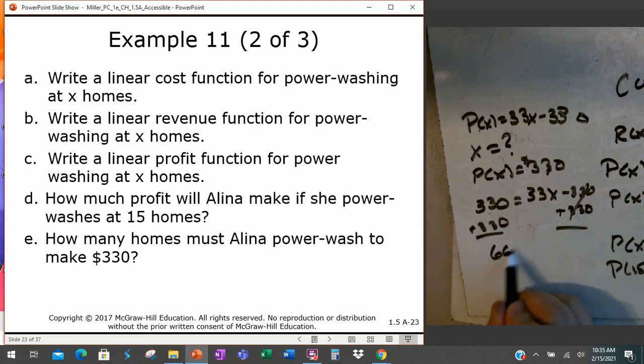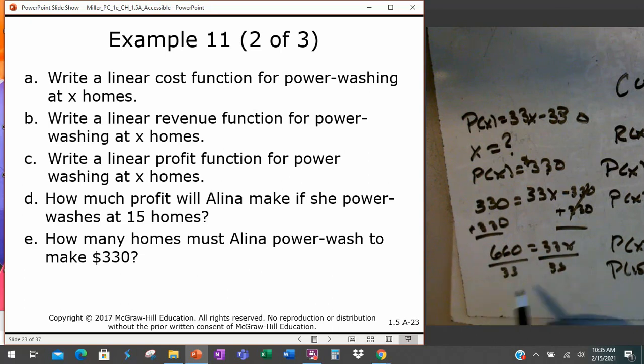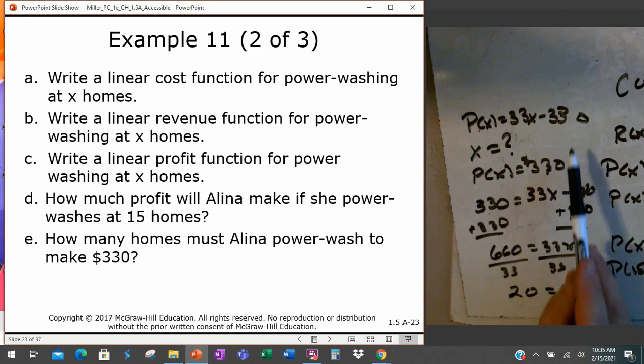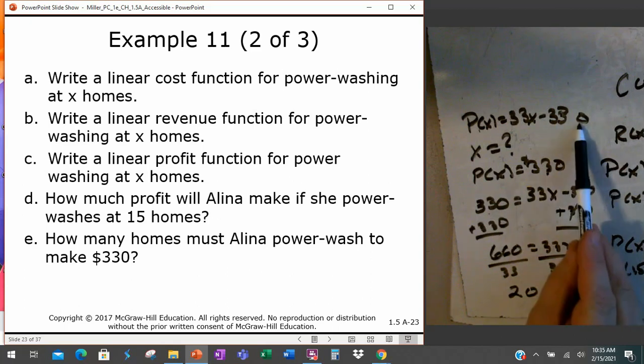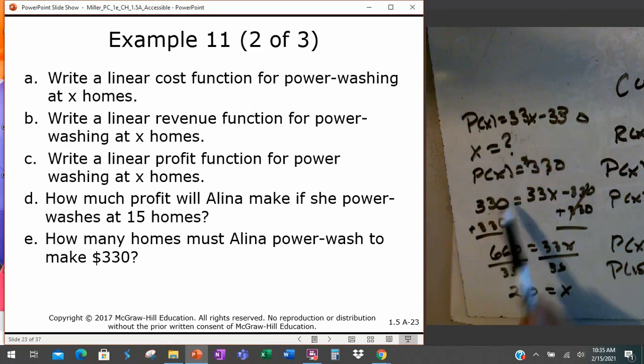So 660 is equal to 33x, divided by 33, and then I get 20 is x. So I must do 20 homes to pass my initial costs, and then I've made a profit of $330.